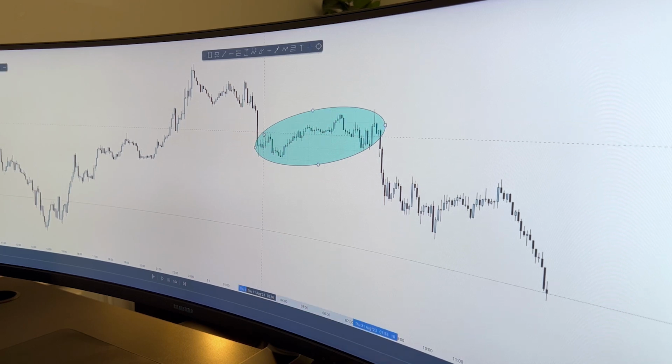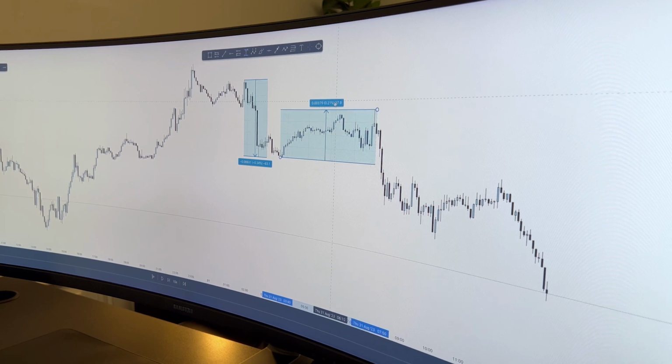What I mean by half the move is we had this impulse move of about 63, but then the correction that we had took triple or quadruple the time to do only 37. Okay, so half the move in double the time. So it's definitely a correction in my eyes.